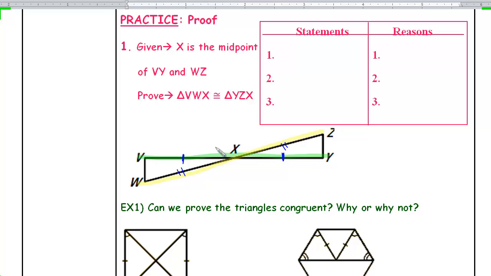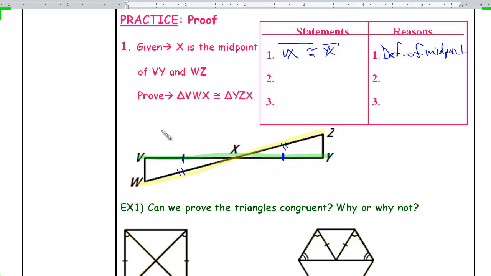Now, this one requires a little bit more thought. The given information here is I can say, let's say segment VX is congruent to segment YX, and that would be the definition of a midpoint.